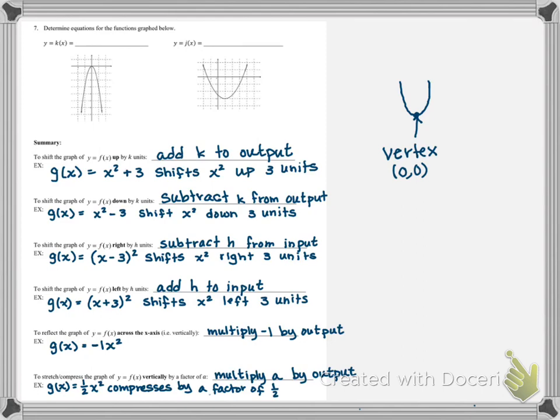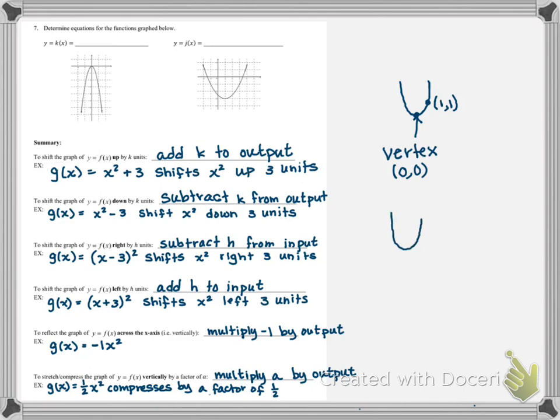And so the new vertex is going to only tell you about shifts up and down or left and right. So if we look at a graph, its vertex will tell us what the horizontal and vertical shift is. And then this point right here on the graph of x squared is 1, 1.